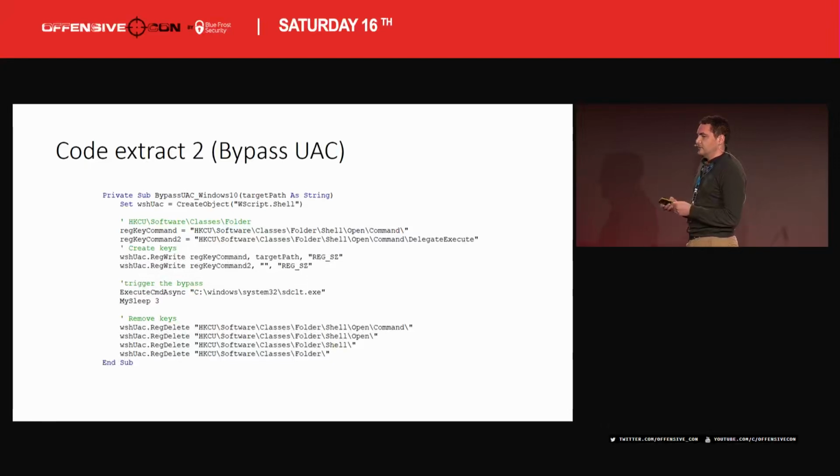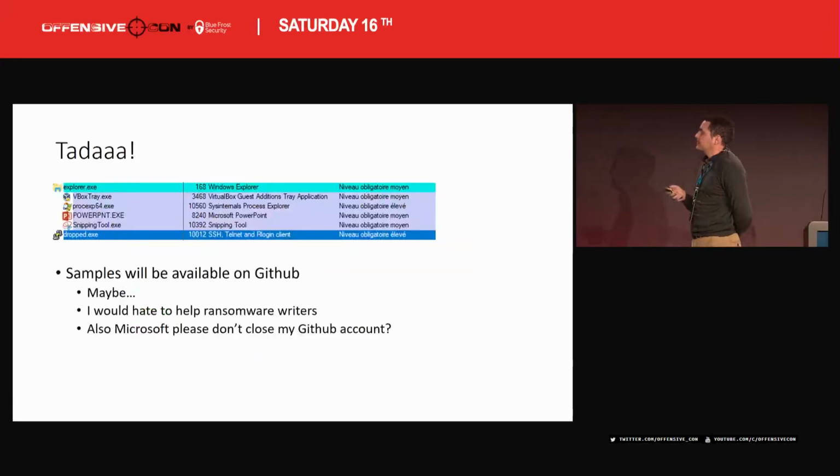When you combine the two, that's how I can get an elevated PuTTY or elevated anything, and at the same time bypass ASR and also AMSI and antivirus. So yeah, this is the result. You see my PuTTY, which was dropped by my dropper, and it's started with elevated privilege, in French.